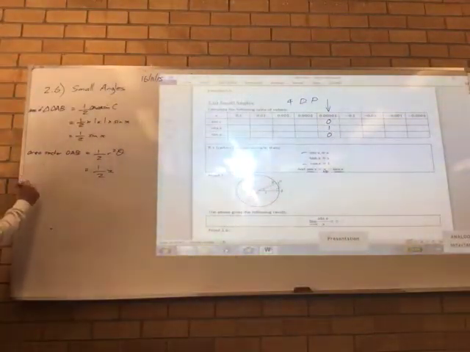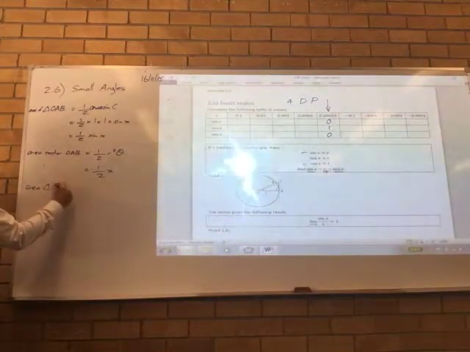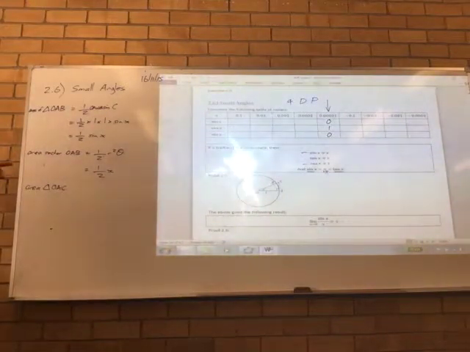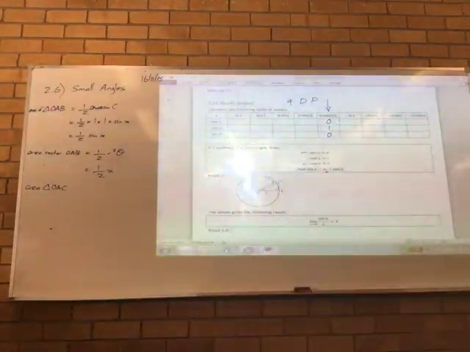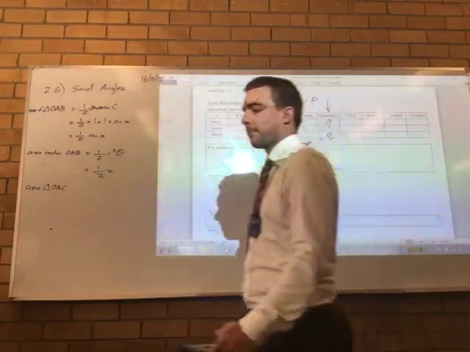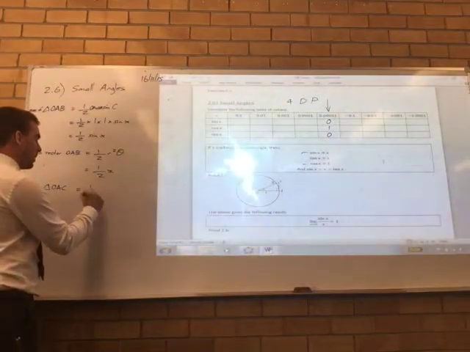Now, the area of triangle OAC. The triangle OAC is going to be slightly larger than the area of the sector we just found. I'm going to do a comparison of those three to show that result. What can I write down to find the expression for the area of OAC?